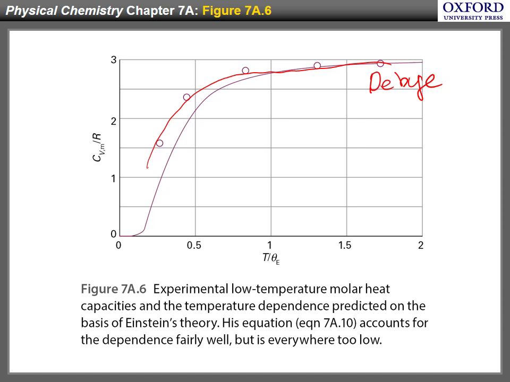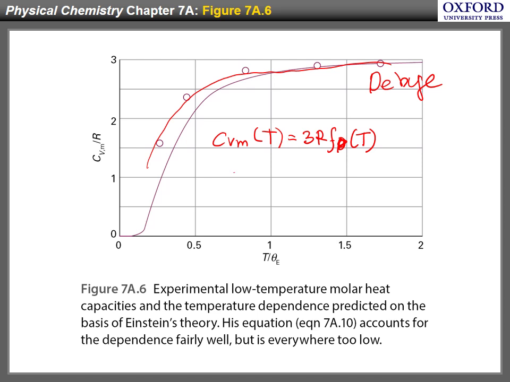In this case, the heat capacity equals 3R phi D of T. Very similar, but we account for everything here.